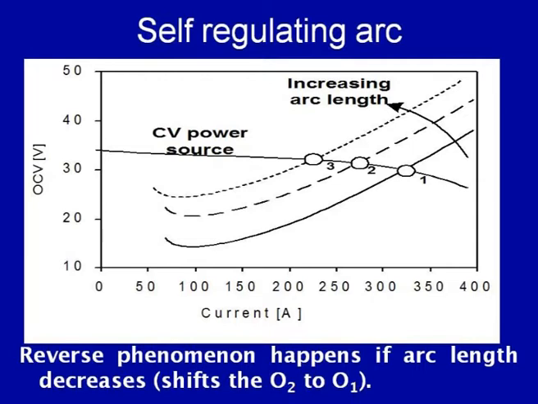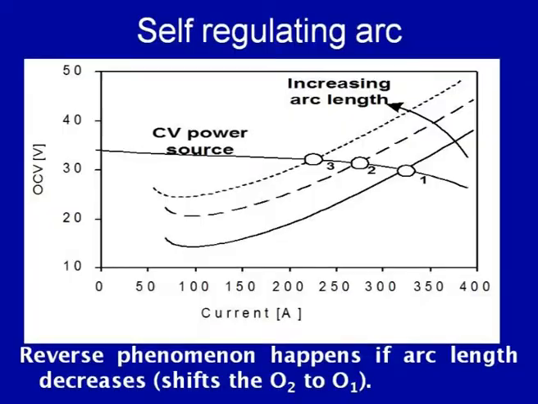We can see the reverse example also. Say, for example, a decrease in arc length takes place. The decrease in arc length for any reason will lead to a change in arc characteristic, say from operating point 3 to operating point 2.